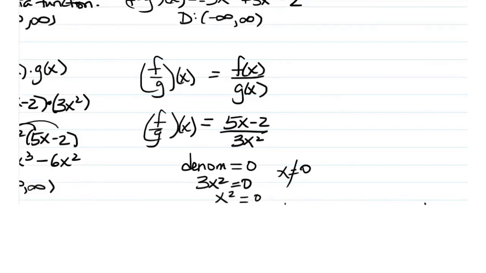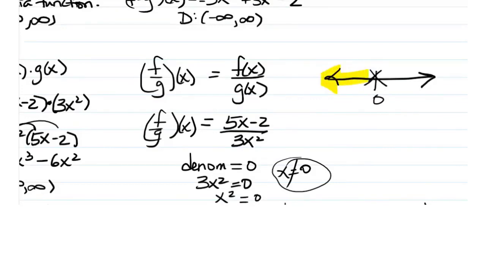So I want to give the answer in interval notation. What I recommend is whenever you have to give interval notation and you're leaving out certain finite values, draw a number line and recognize that you want to include everything on the number line except for that point. So what that does is it divides the number line into two big pieces, right?